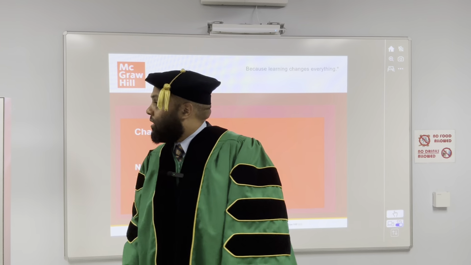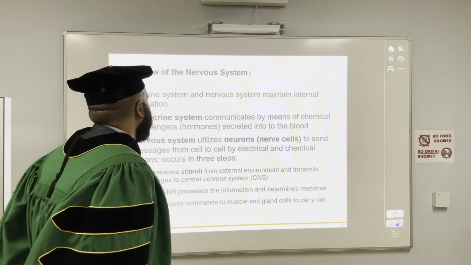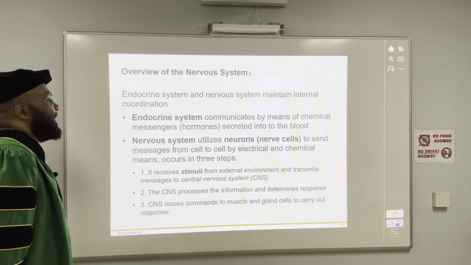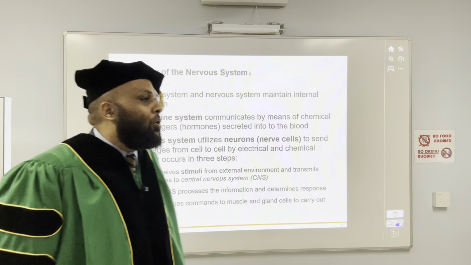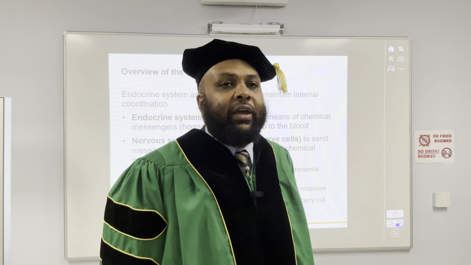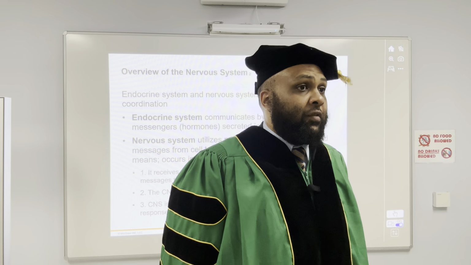We're going to move on today to discuss the neuroendocrine tissue. There is an endocrine system and there is a nervous system. The endocrine system communicates by means of chemical messengers, hormones, that help us maintain homeostasis for survival.